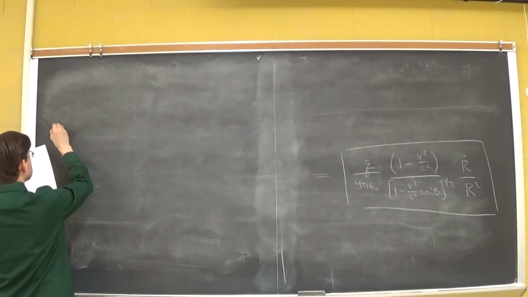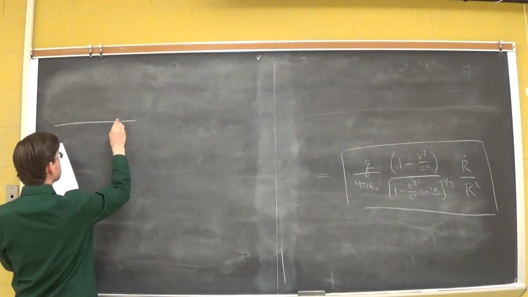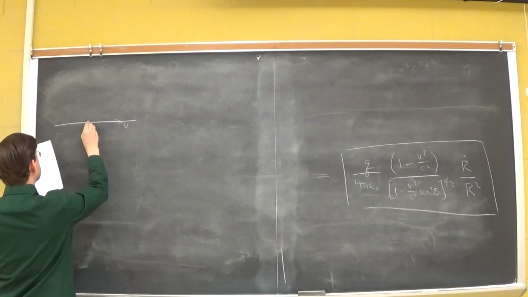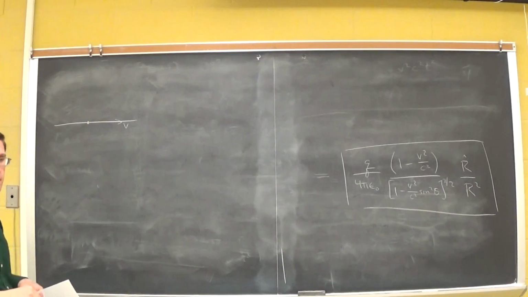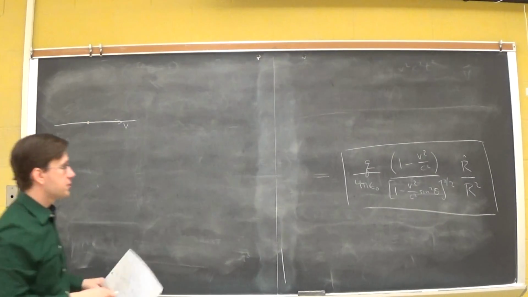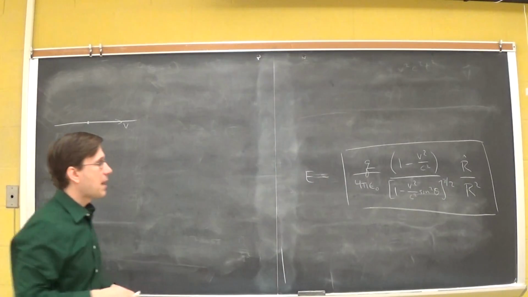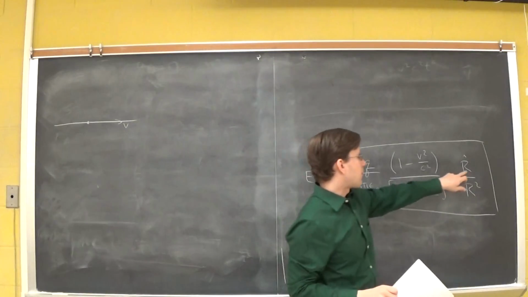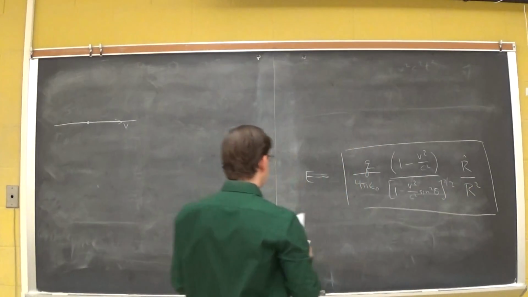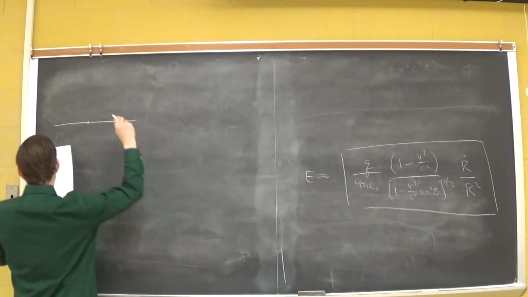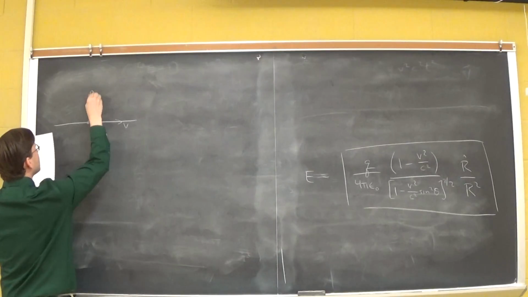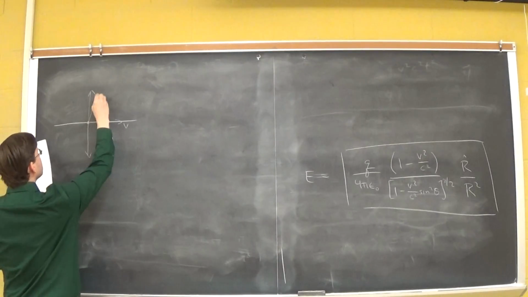And so if we had this picture, right, so here's our velocity of the particle, here is the present position of the particle. All of the electric field lines that emanate from that particle point from the present position of the particle outwards. And so the total electric field lines look something like this.